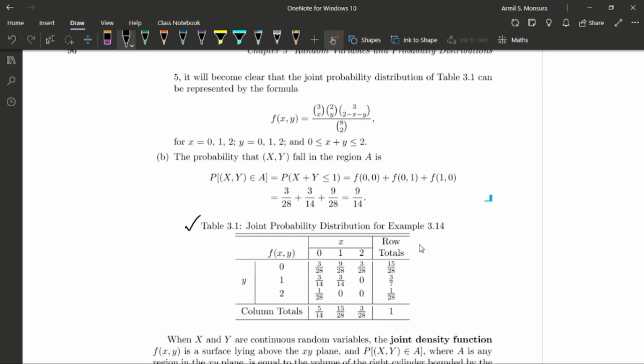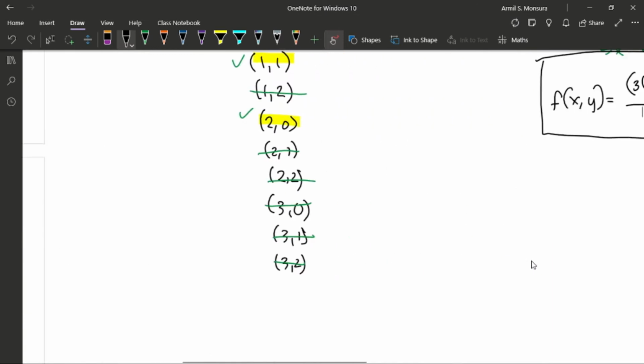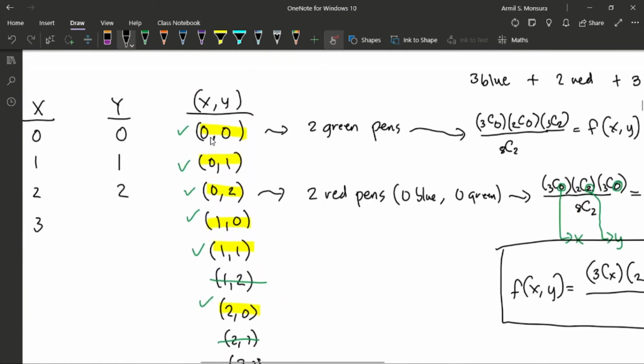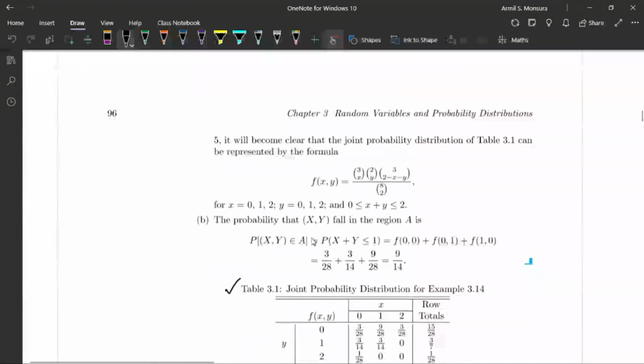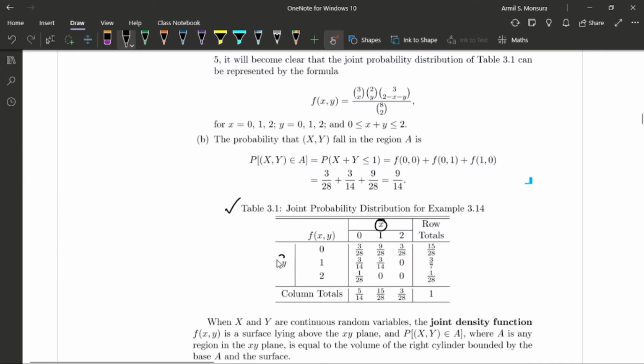These are the values for your x: 0, 1, and 2, and these are the values of your y: 0, 1, and 2. Take note that, looking at our reduced sample space, because we are only choosing two pens, the possible values for x would be 0, 1, and 2, while for y, it would be 0, 1, and 2 also. So those are the possible values that your x and y can assume.